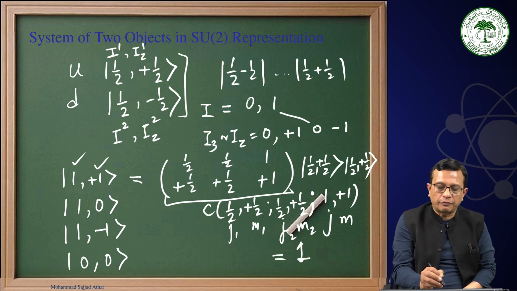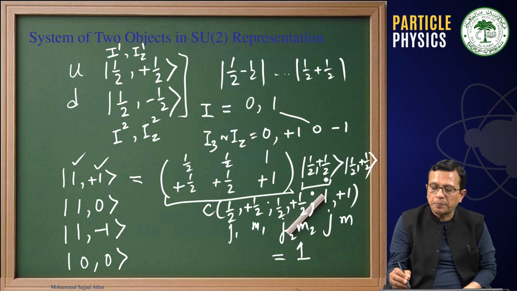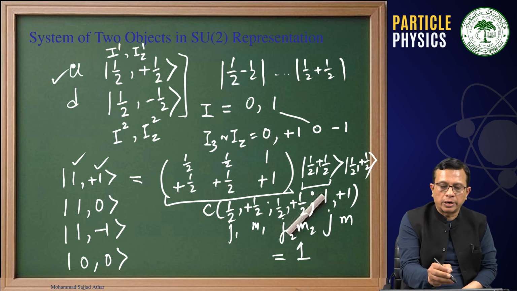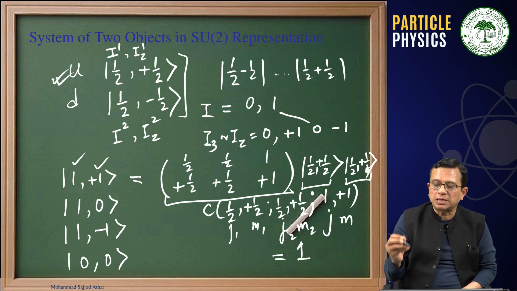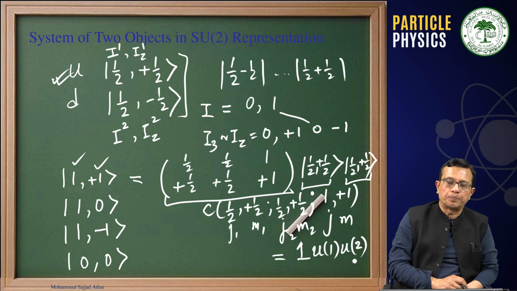And therefore for 1 plus 1, this value is 1. Half plus half is a U quark object, and this half plus half is also a U quark object. Therefore this is U quark in state 1 and U quark in state 2.